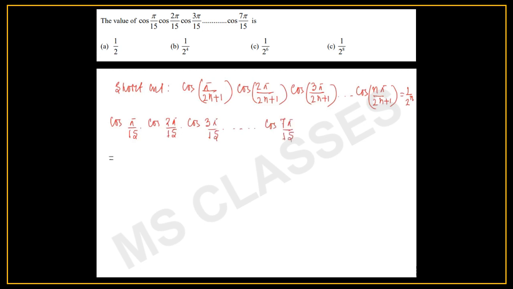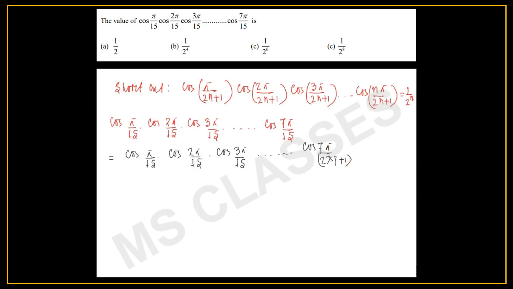Now here this can be written as cos pi by 15 into cos 2 pi by 15, cos 3 pi by 15, in accordance with the above format, and we will be moving till cos 7 pi by 15, that is cos 7 pi by 2 into 7 plus 1, that is 2n plus 1.